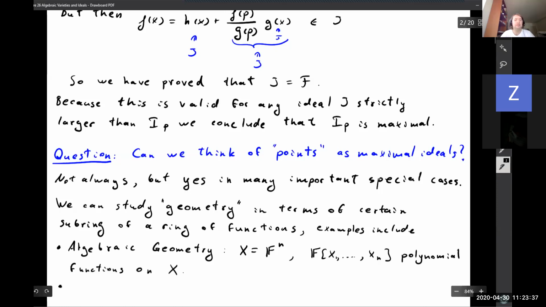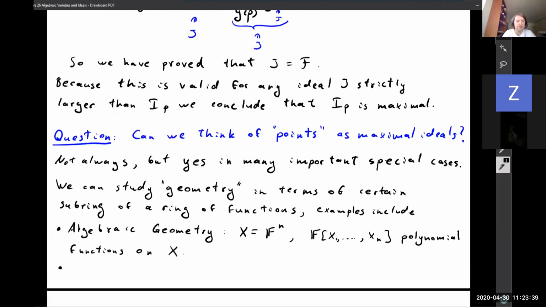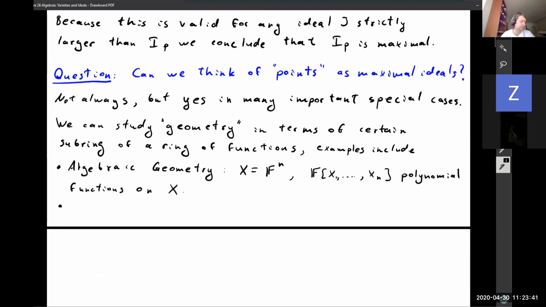Well, another kind of neat topic is topology. So when X is a so-called topological space, then one can look at the ring of continuous R-valued functions.